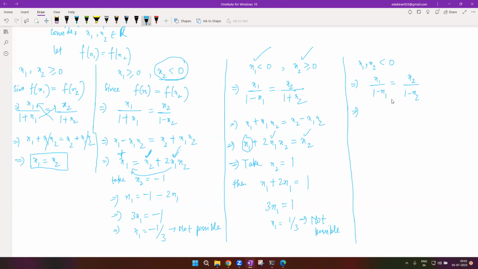Now let's come to the fourth part. They get cancelled out. There is only one answer. x1 is equals to x2. There were 4 cases, but see, we only get 2 answers, and both of the answers are the same.